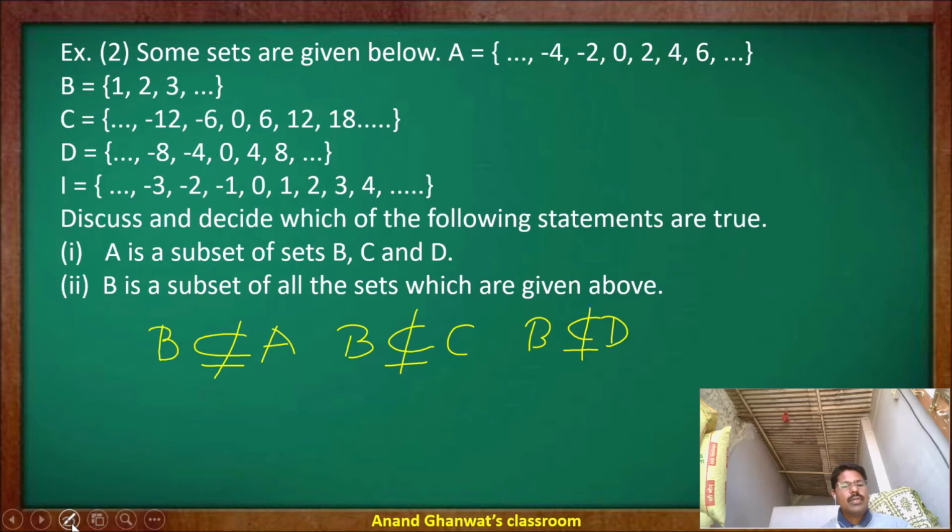So the element 1 present in set B is also present in set I, 2 is present in set I, 3 is present in set I. Therefore, B is a subset of set I.